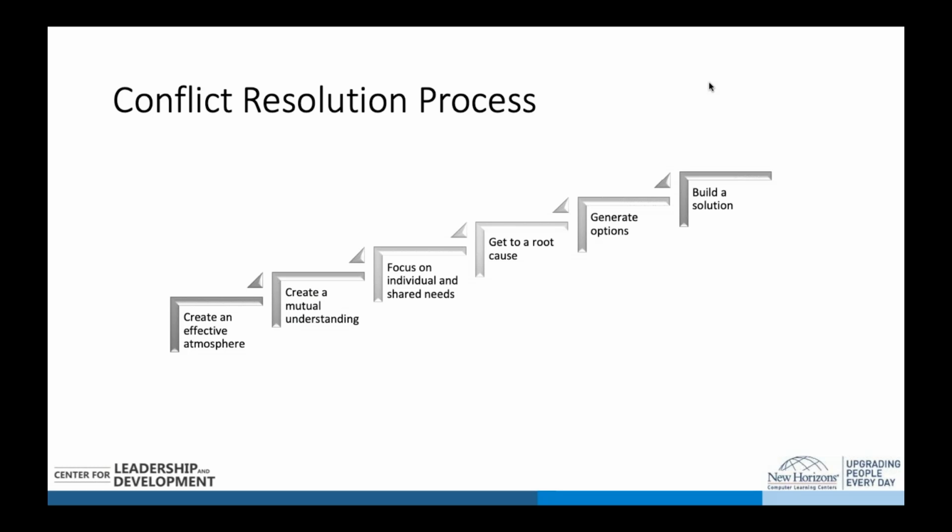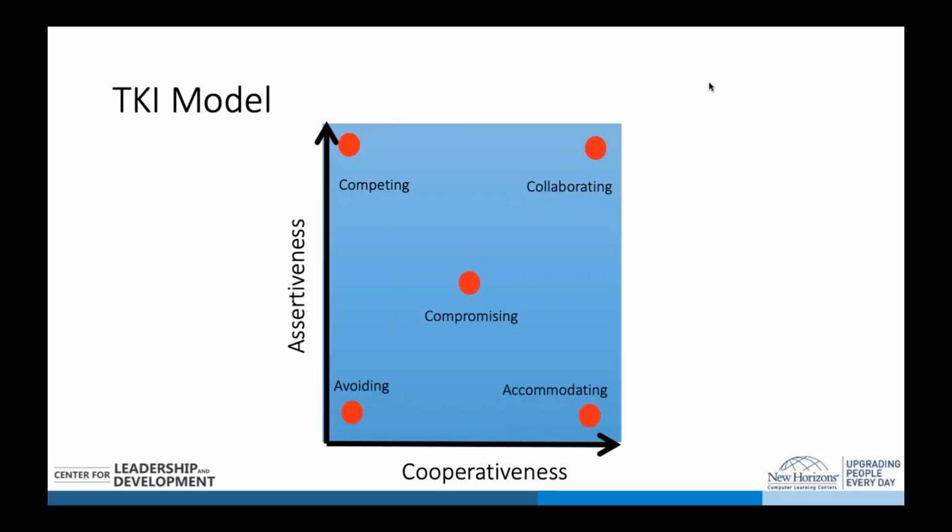There's always more than one option. And from those options, build a solution which is in the best way collaborative in nature and is a win-win for everybody involved, so that we're not getting into the compromising and accommodating part of this TKI model, but we're into more collaborating, which is essentially where we're always trying to get to.